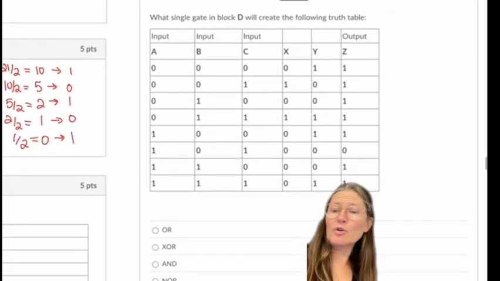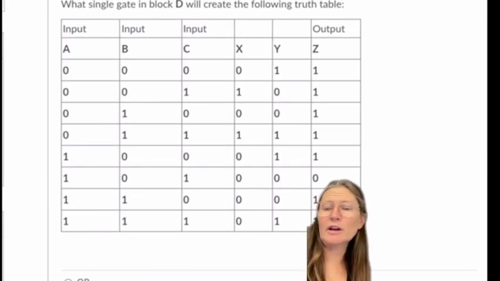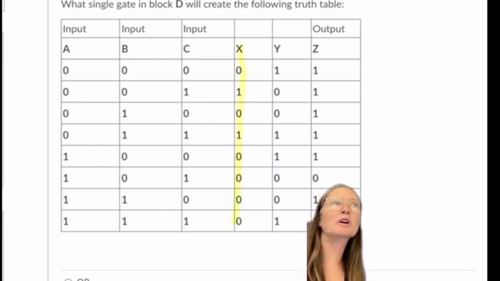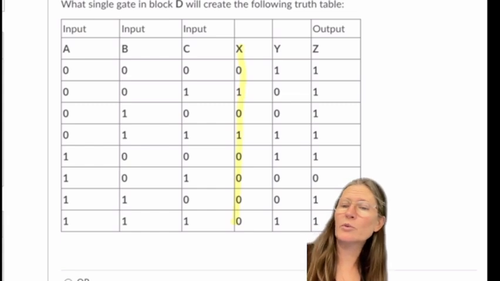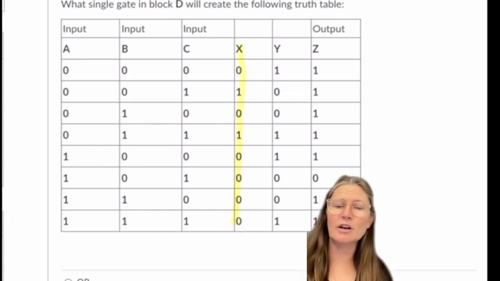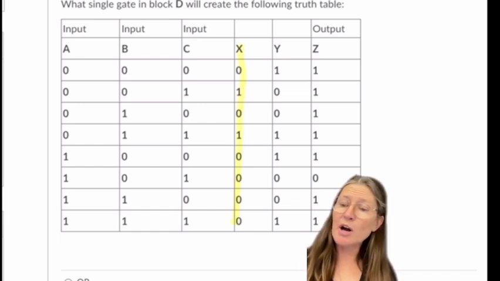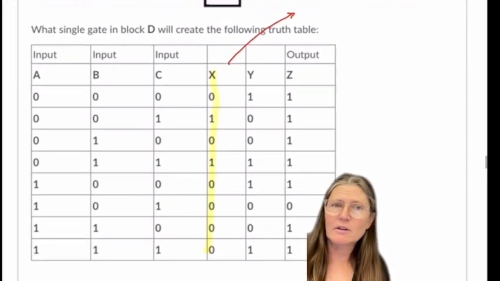All right, so this one, I could give you a truth table and say, create the logic for X. So with this, you would then say, okay, I need to understand that I need to do a sum of products for this one. So writing, or I could ask you for the Boolean expression of it.